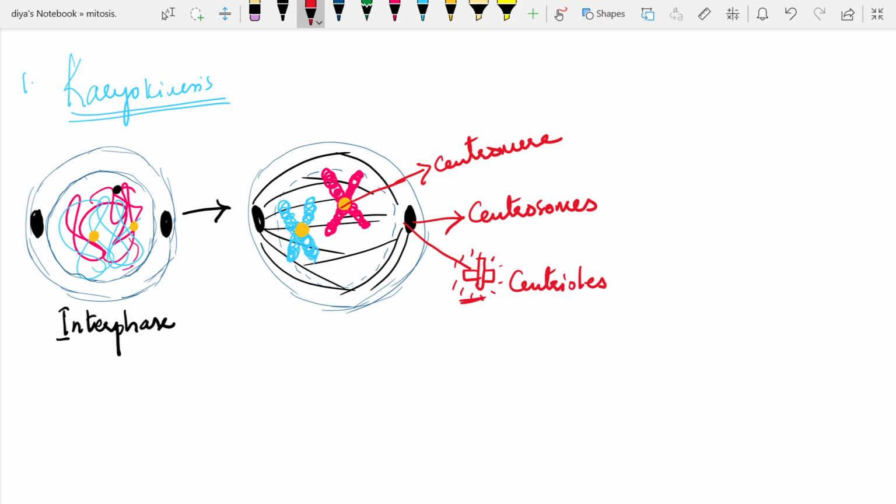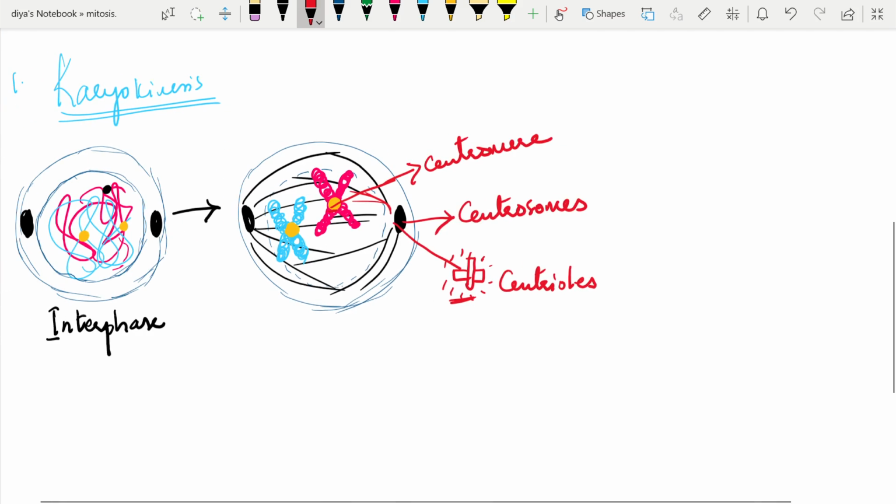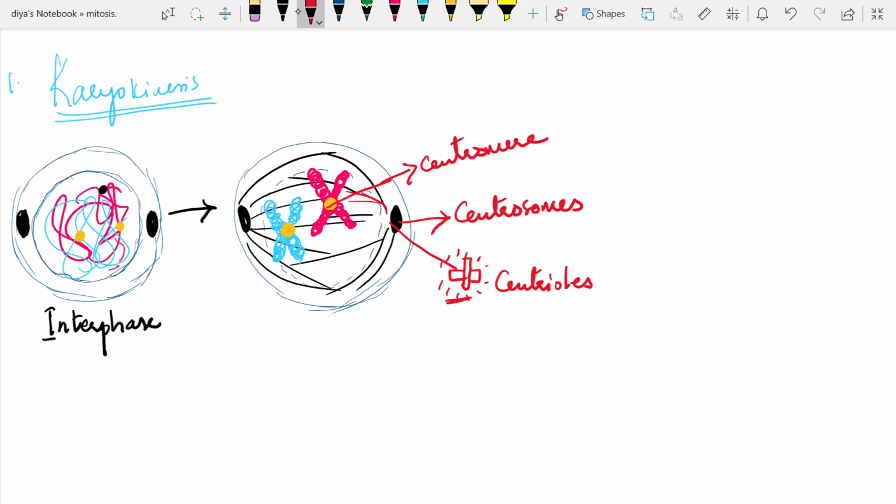These centrioles produce the spindle fibers which anchor to the centromere. So the nuclear membrane disappearing, the nucleolus disappearing and the chromatin condensing into a more distinct form, all this happens in prophase.